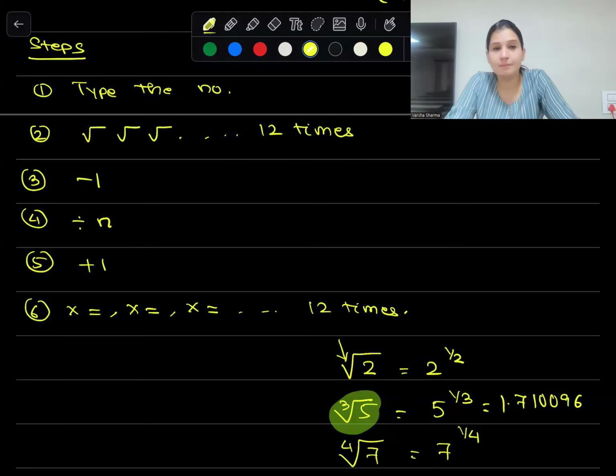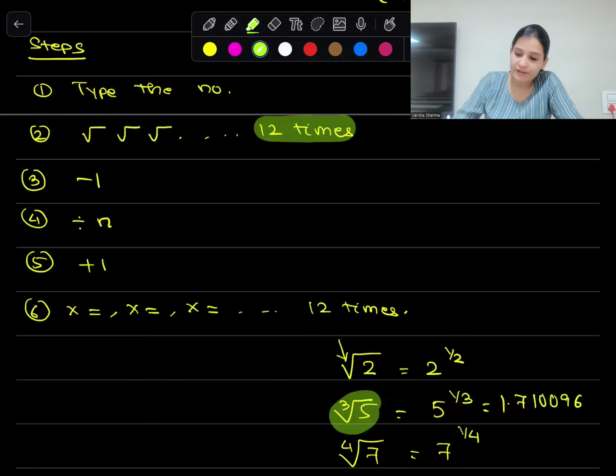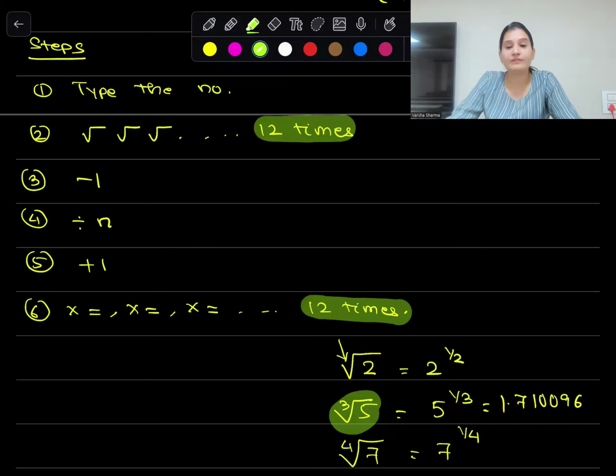So we first type the number, press the root sign 12 times, and subtract 1. Divide by the root you want to find. For the cube root, divide by 3. For 1 by 5, divide by 5. For 1 by 7, divide by 7. Add 1 to it and multiply equal to 12 times. These 12 times are fixed, irrespective of whichever power you are finding.